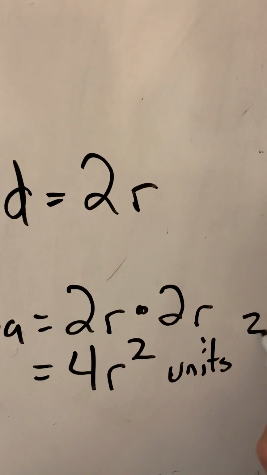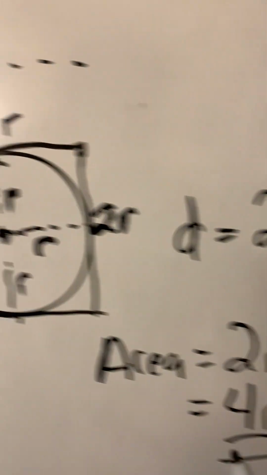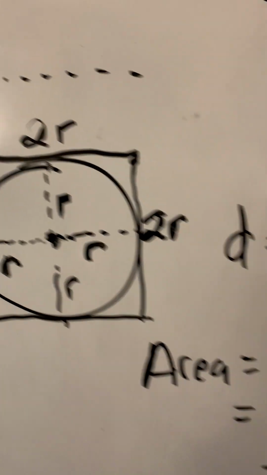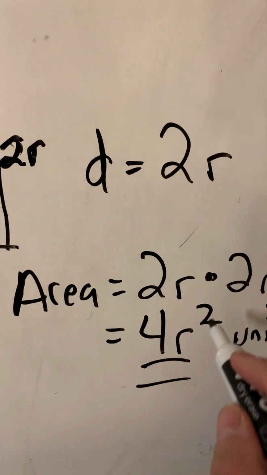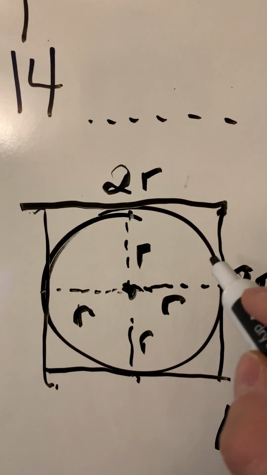Just write that in so it's consistent. But if you notice, 2r times 2r is 4r squared. Okay, so this whole square is 4r squared.